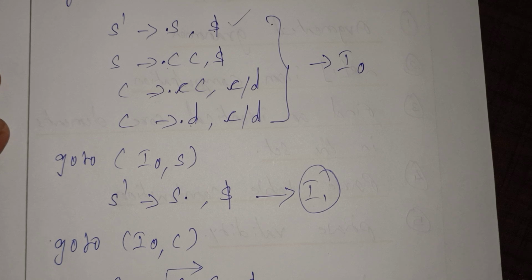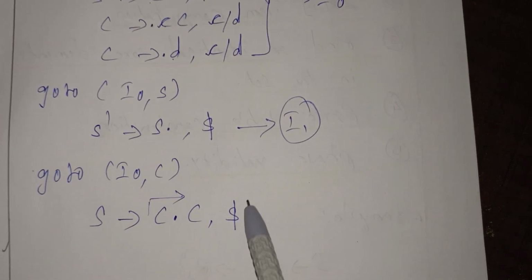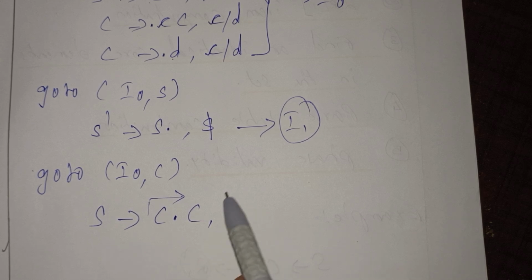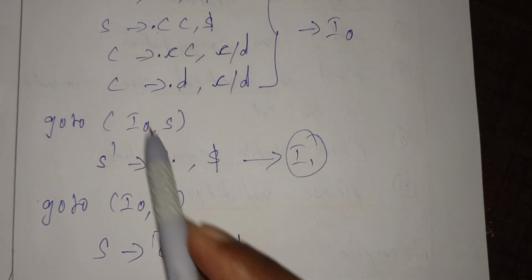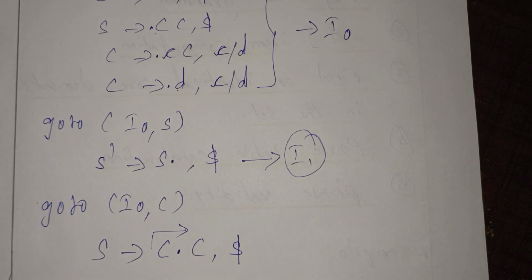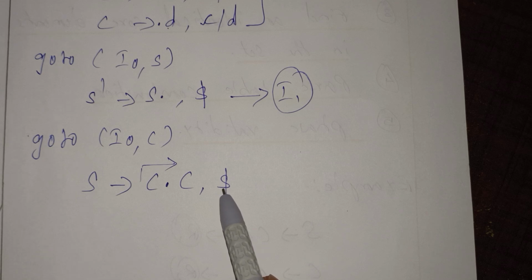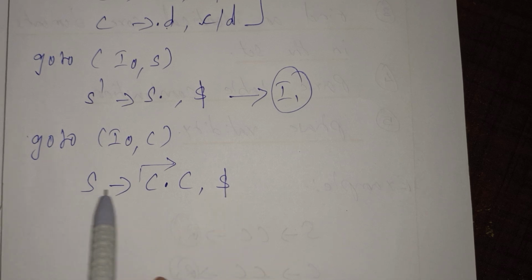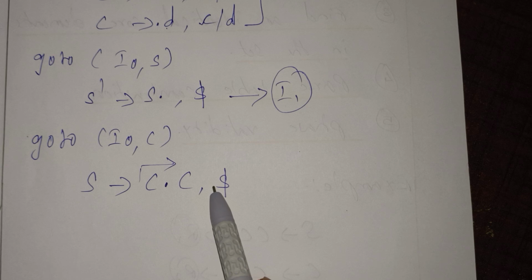Now listen carefully. Since this part is not completed and it started with a lookahead value called dollar, all the remaining part has to be constructed with the same lookahead value. That means we need to bring down C tends to small c C and C tends to d. But here the lookahead value is different. As I already told you, when you are moving this precedence value, it starts with a lookahead value that has to be entered for the next coming production rules.